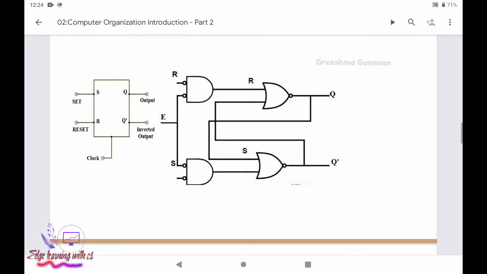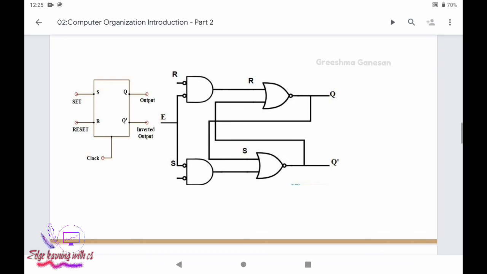My inputs R and E pass to the first NOR, and E and S pass to the second NOR. The first NOR will produce the output Q, and the second NOR will produce the output Q dash, or Q naught, or Q complement, whichever word you use.